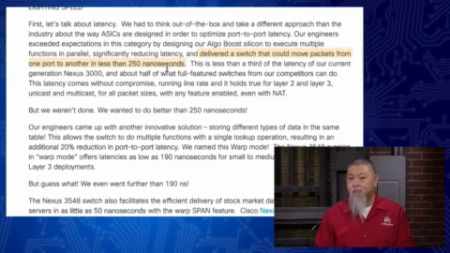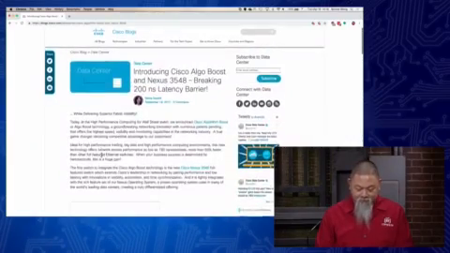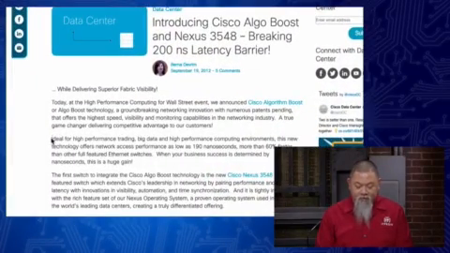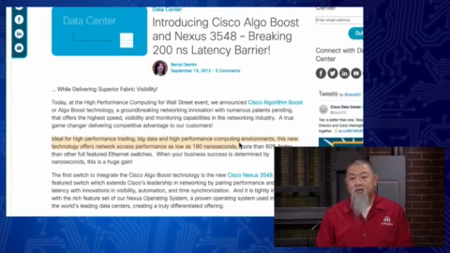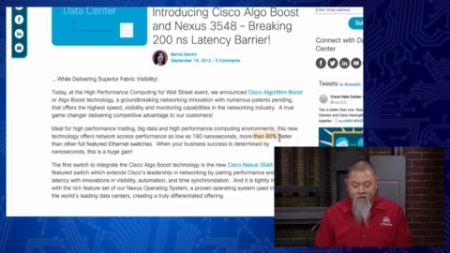Okay, so that's pretty fast. But what they have achieved with Algo Boost, ideal for high performance trading, big data, and high performance computing environments, is network access performance as low as 190 nanoseconds, more than 60% faster than other full-featured switches.